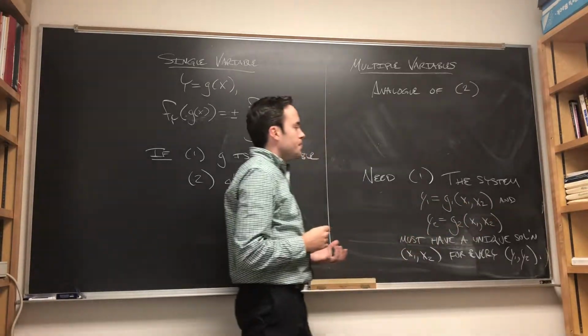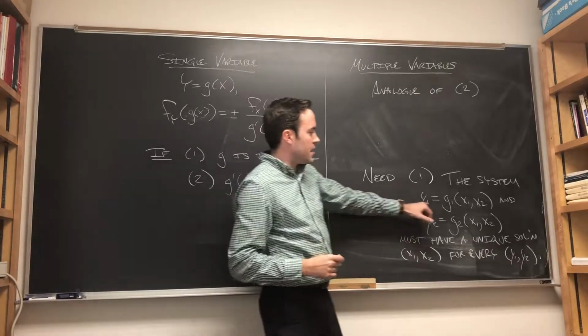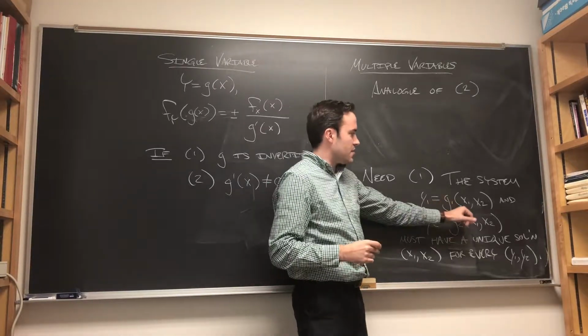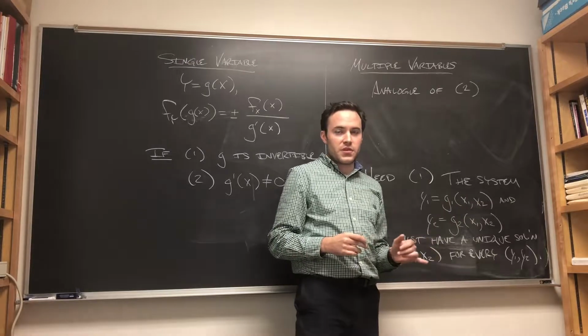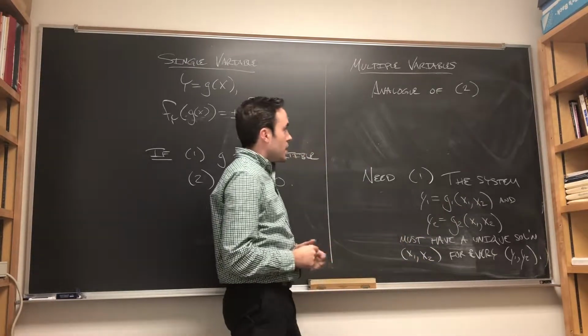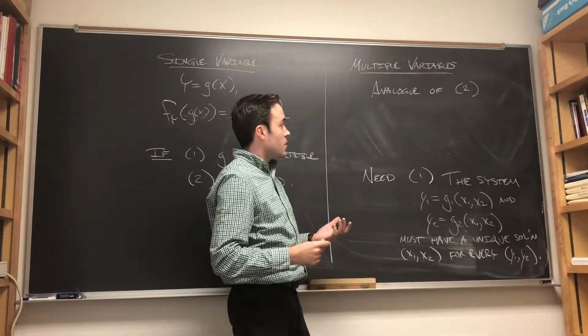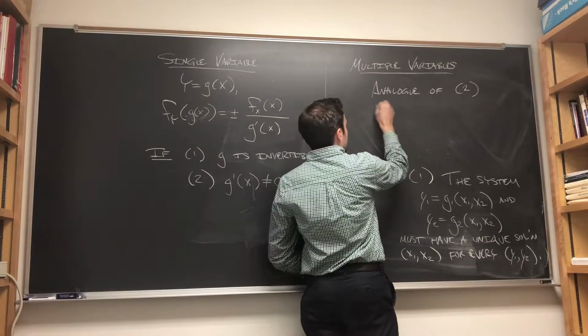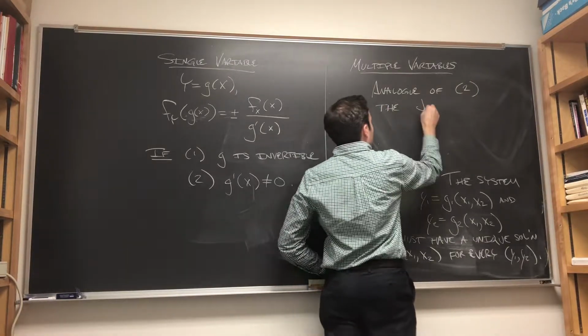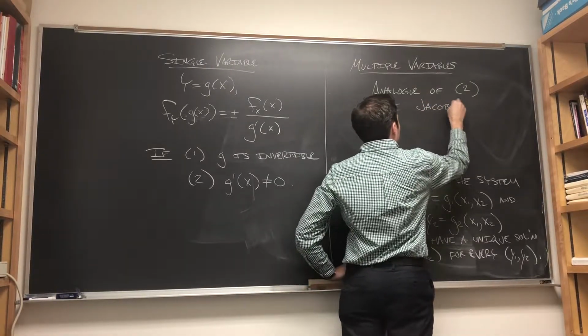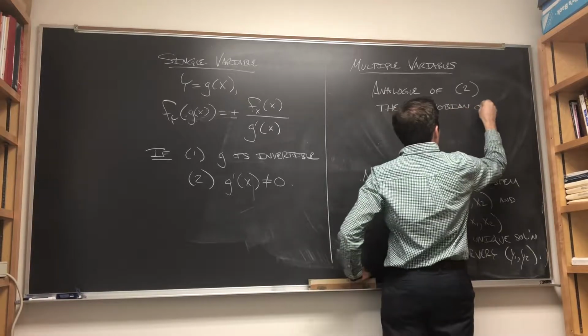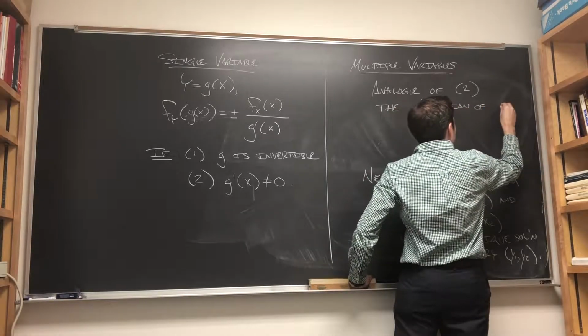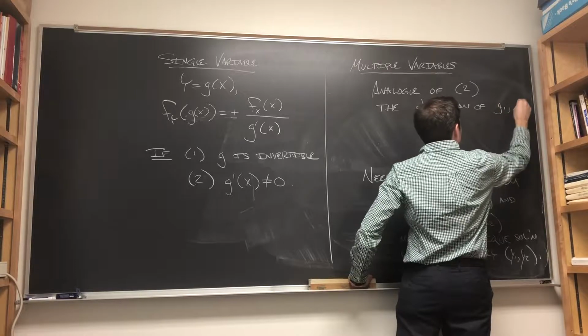Right? Again, keeping in mind that each one of the 2 functions has 2 first partial derivatives. So the way we do this is called the Jacobian. This is the Jacobian of g1 and g2.